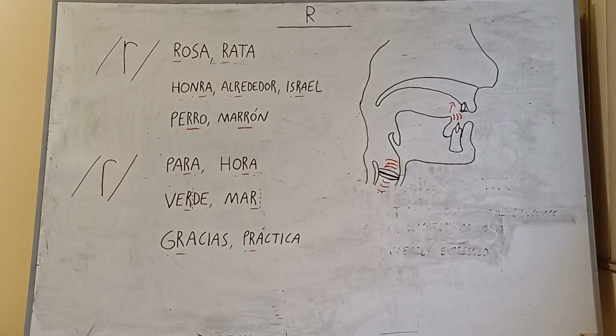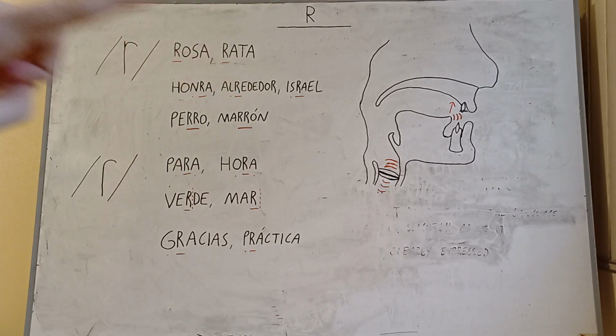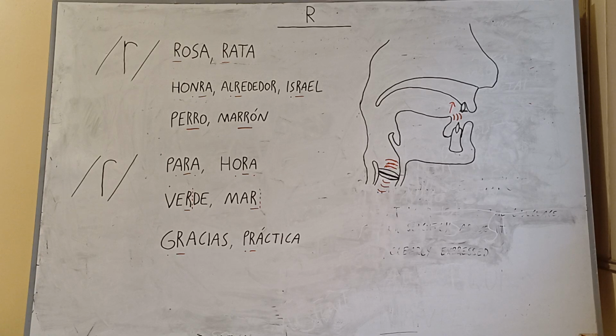And we also produce the tapped R after every consonant except N, L, or S. So, for example, in the last row, we have gracias, gracias.